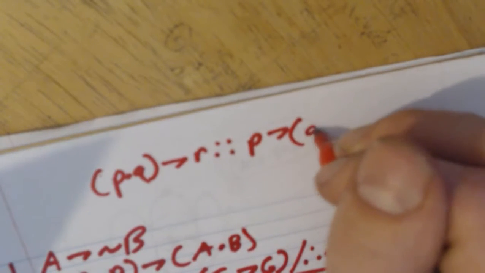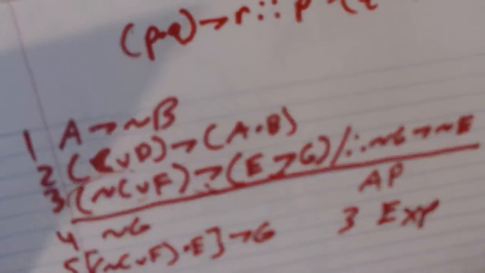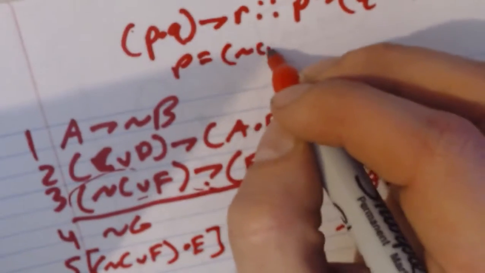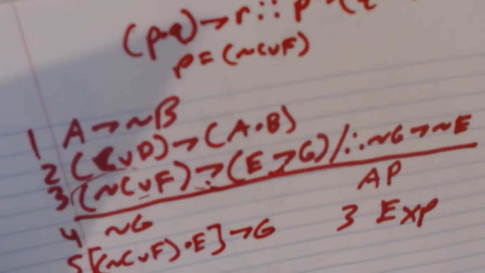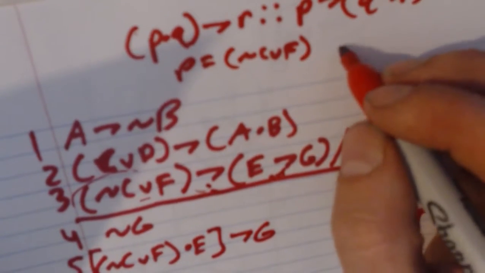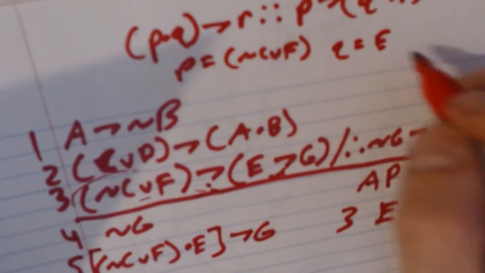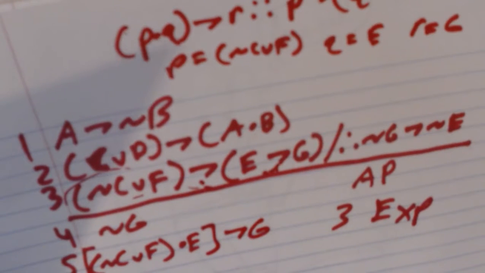P and Q, then R is equivalent to if P, then Q, then R, right? So in this case, P is equal to not C or F. That's what we're doing. And then the Q is equal to the E, and the R is equal to the G. That's what we're doing here.